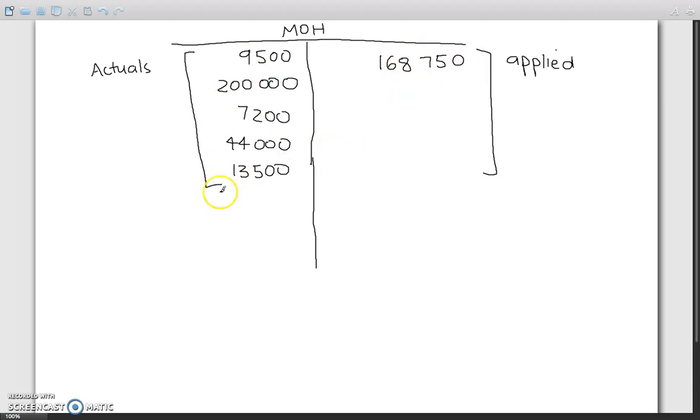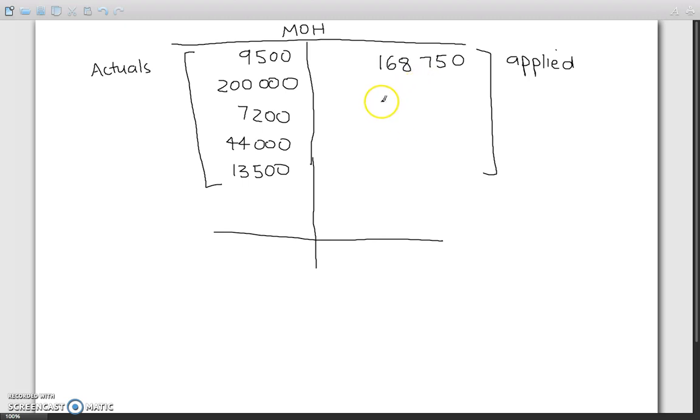Okay, so now you want to total these out, and you want to see which side is smaller. So 9,500 plus... excellent. So 274,200. This side is bigger than this side.